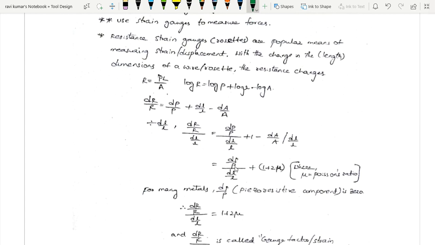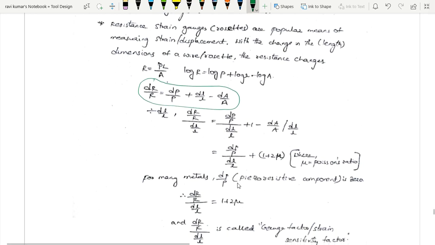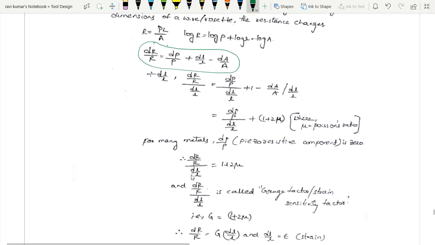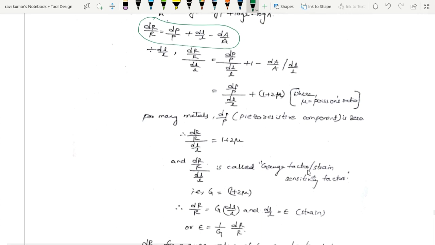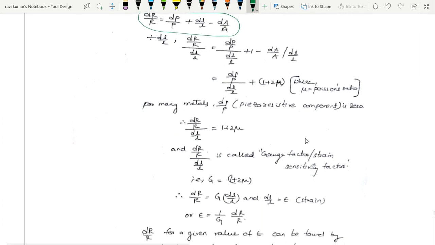I may write dR by R is equal to d rho by rho plus dl by l minus dA by A. So if I make a division, I write dR by R is equal to Sg epsilon.